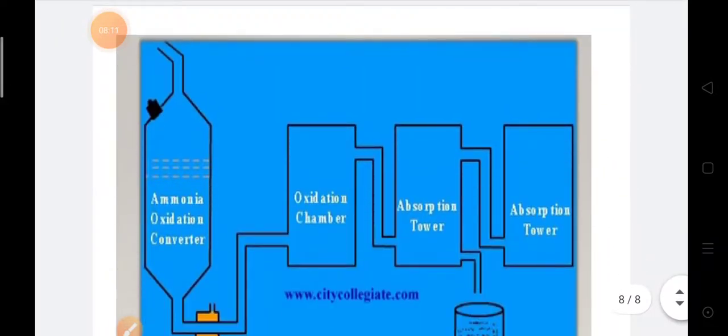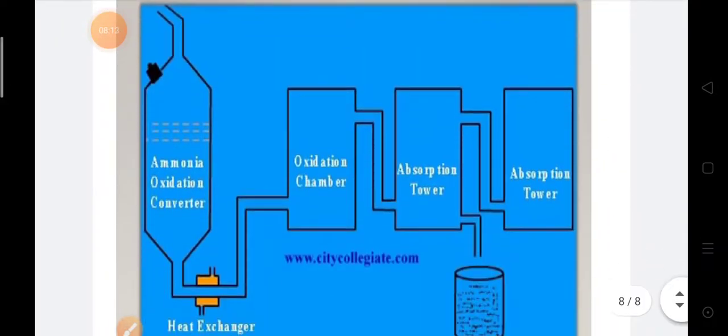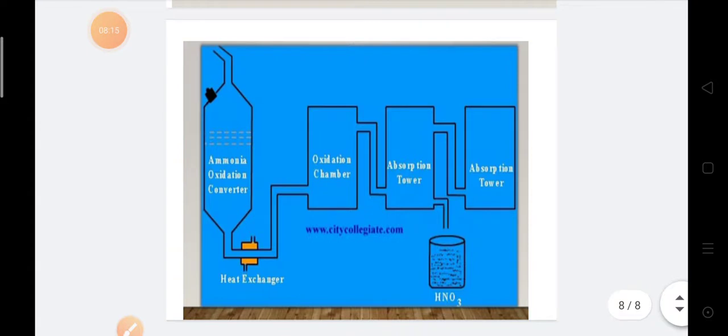So this is the whole Ostwald process, which is used to prepare HNO3 from NH3. This is the holistic diagram of the manufacturing process of HNO3 from NH3 by the Ostwald process.